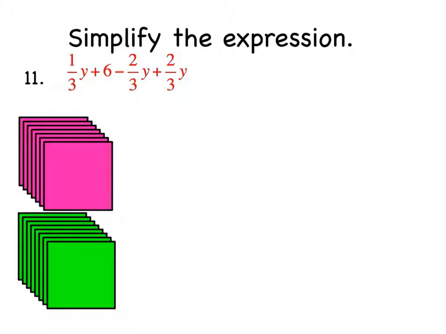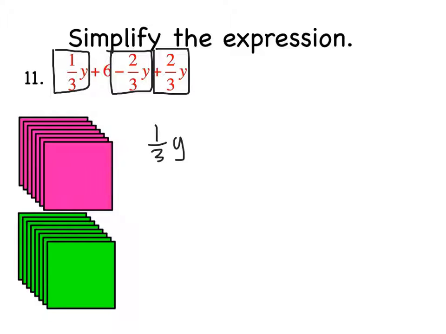Okay, now this one has fractional coefficients, meaning the numbers in front of y are fractions, but it doesn't change the steps. So the first thing you're going to do is put a box around all the terms with y's, and make sure to include those signs. And then let's list them. So I have 1/3 y minus 2/3 y plus 2/3 y.